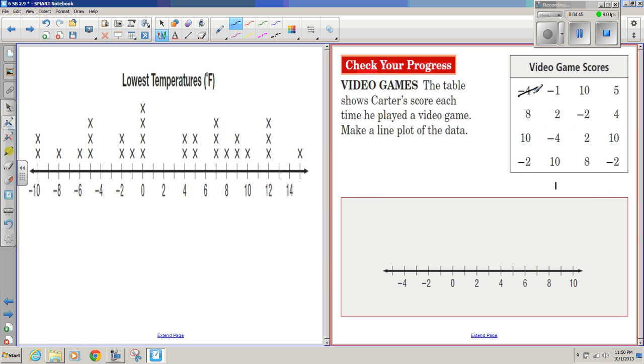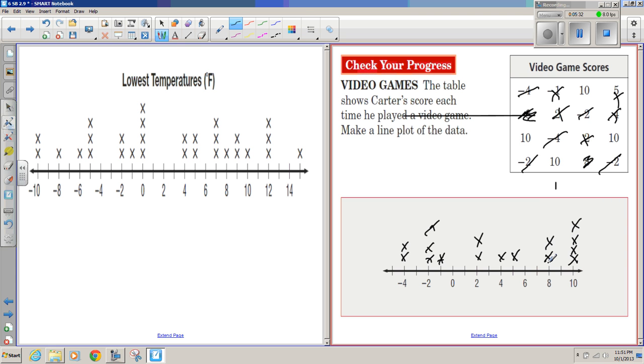There are 2 negative 4s, 1 negative 1, 3 negative 2s, 2 2s, a 1 4, 1 5, 2 8s, and 4 10s.